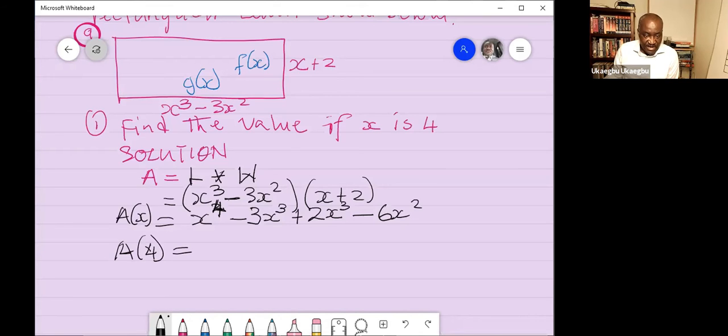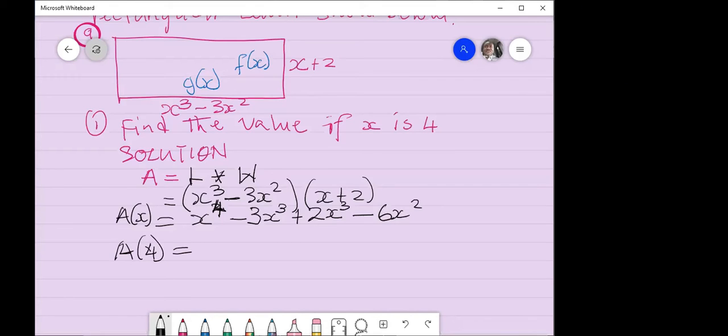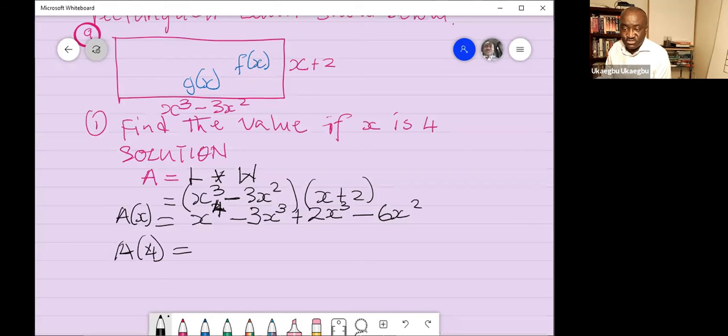Yes, we can combine them to have negative x cubed minus 6x squared, and then this is x raised to power 4. Even if you don't combine them, as long as your substitution is correct, it's going to give you the same result. You got it?